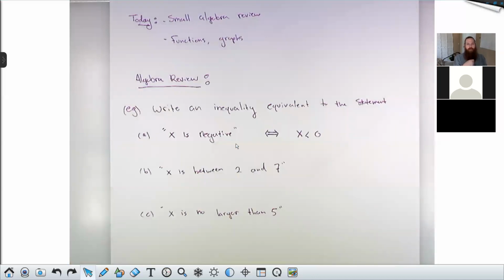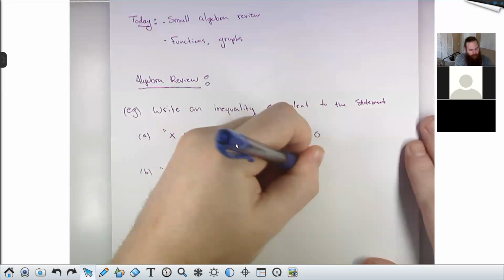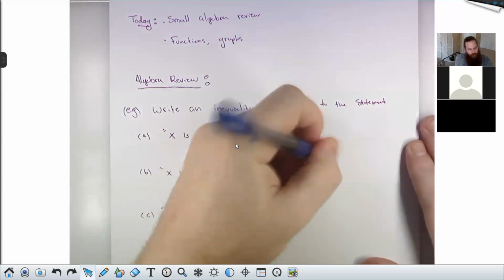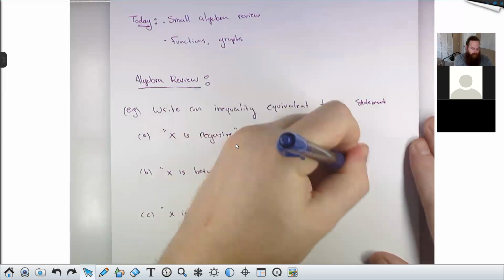If I wanted to say X is between 2 and 7, that would mean X has to be strictly larger than 2 and also strictly smaller than 7. So I could write that as a compound inequality as 2 is less than X is less than 7.